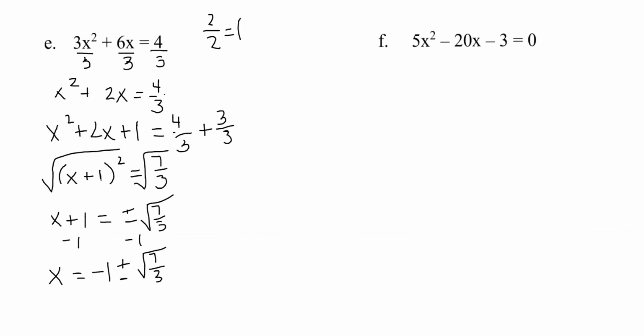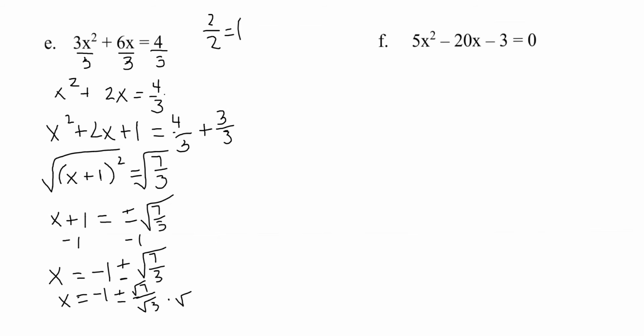But the last thing that we need to take care of is I can't leave a denominator with a radical. I have to rationalize that denominator. So we're going to make it x equals negative 1 plus or minus the square root of 7 over the square root of 3. And remember, to rationalize your denominator, we're going to multiply by our denominator.